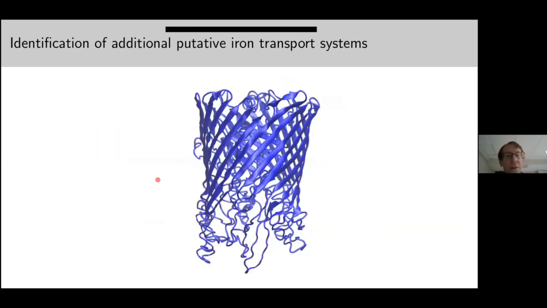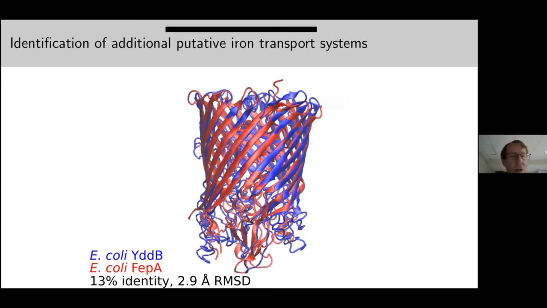Where this comes from is a predicted structure of this protein that shows very good structural similarity to a known iron transporter, FEPA. And actually, the crystal structure of this YDDB was recently solved and takes on this exact fold. Not obviously a perfect structure prediction, but it takes on this same beta barrel fold characteristic of an iron siderophore uptake protein.